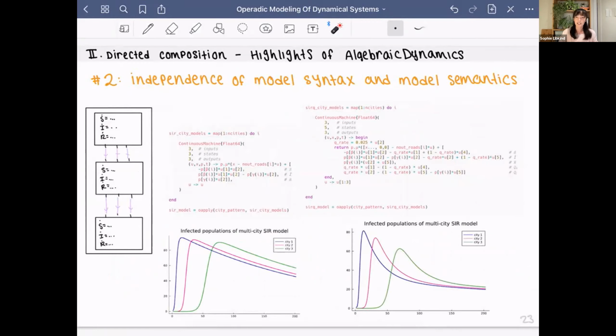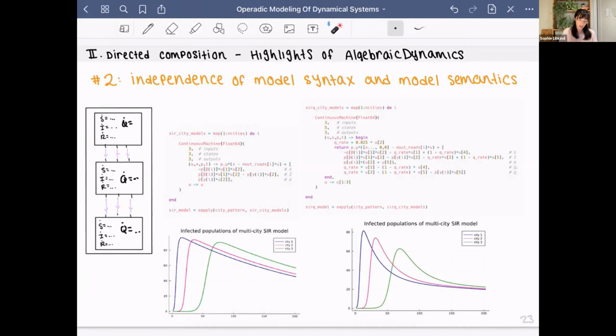So an example of this is, suppose you wanted to investigate the effect of quarantining on this epidemiology model. So we're going to leave the syntax of this diagram of systems intact, people flowing from city 1 to city 2 to city 3. But now we're going to change the internal models by adding a quarantining population to each city.